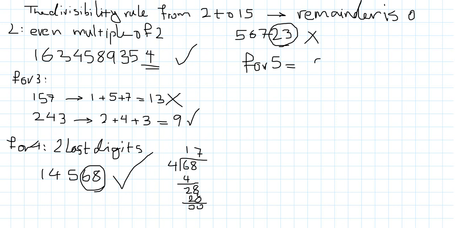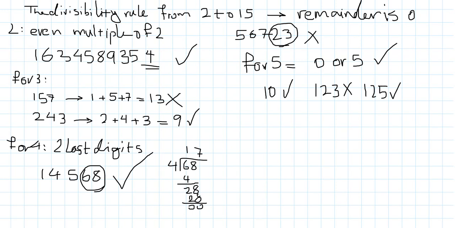If it is 0 or 5, it is divisible by 5. So I have 10. Yes. I have 1, 2, 3. No. I have 1, 2, 5. Yes. Every such number ends with 0 or 5.